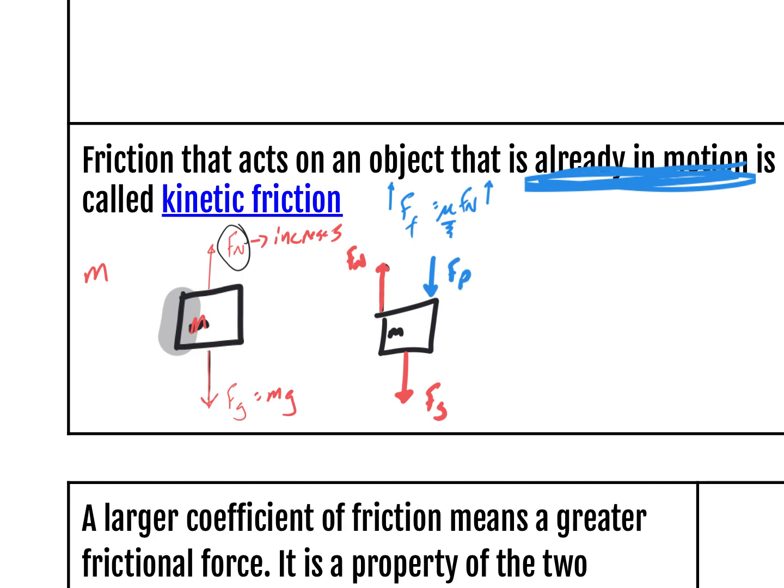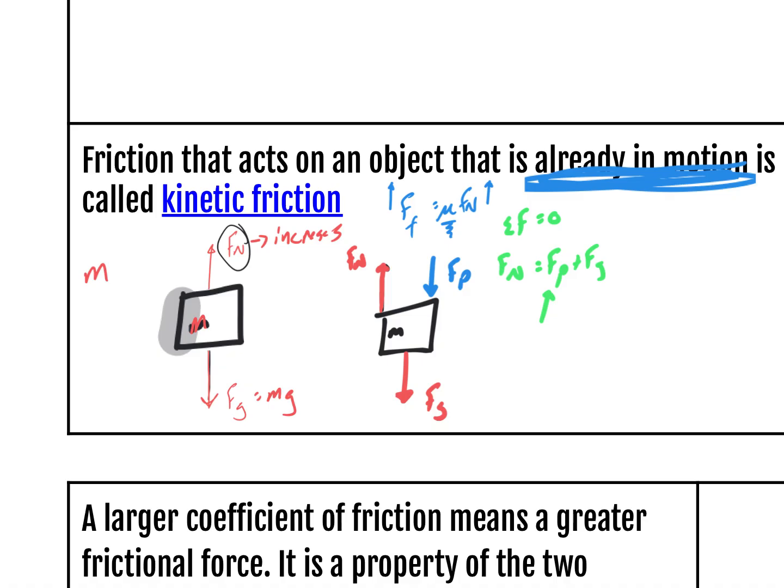What happens here, and let's assume the object still isn't accelerating. Net force would be 0. What happens here is the normal force is going to go up, and it's going to go up by how much I push down. So I can increase the amount of friction I have by pushing down, by smashing down.